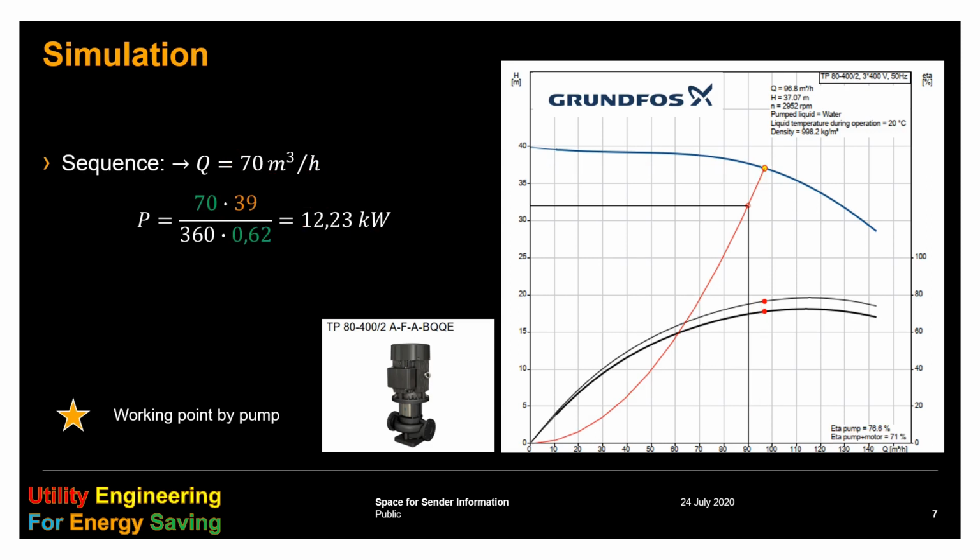In the example of the sequence regulation, the power is reduced because we are running at a lower flow, 70 cubic meter per hour, and this is the corresponding working point in the pump curve.